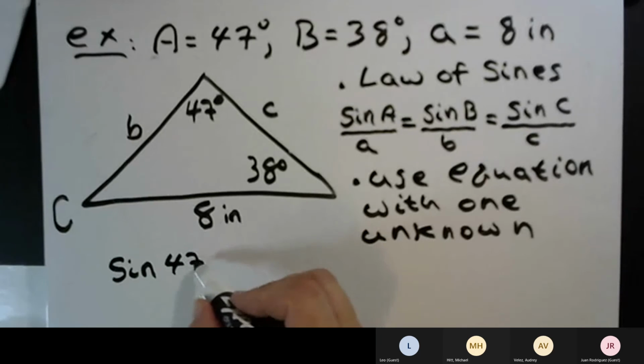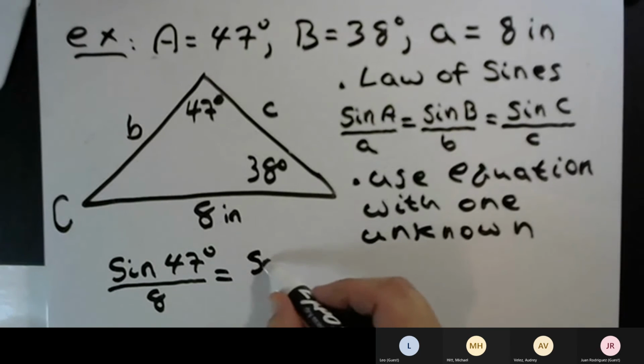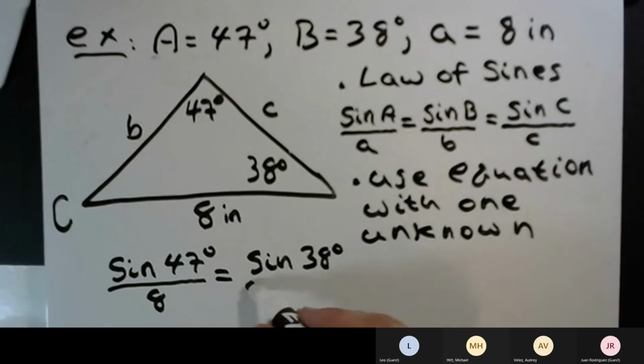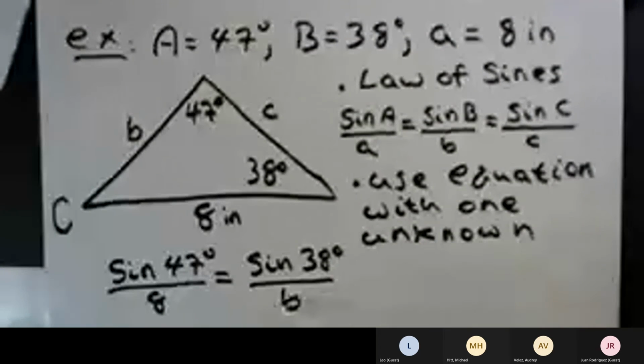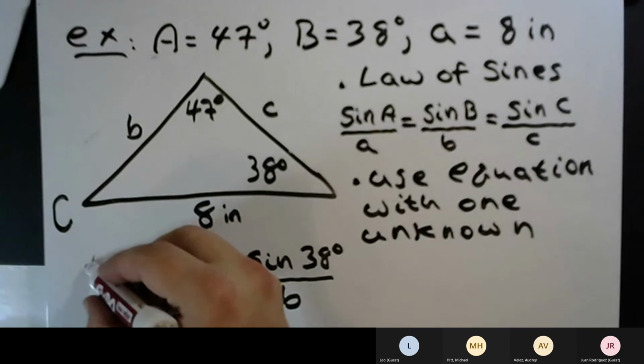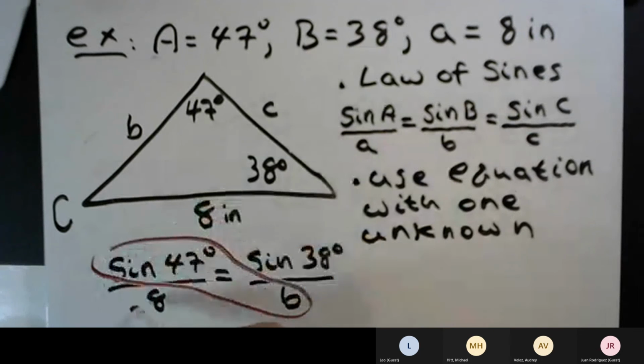Sine of 47 degrees over the 8 inches equals the sine of 38 degrees over the unknown B. And what we can do here is cross multiply.